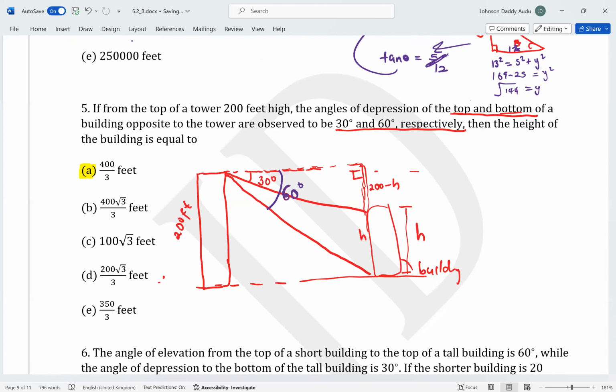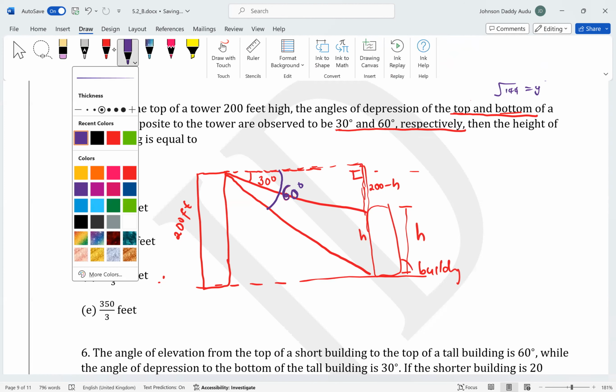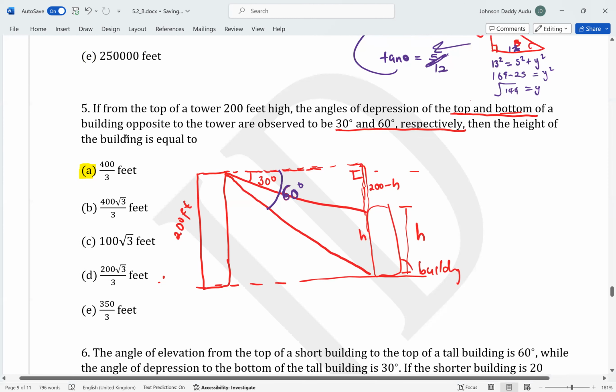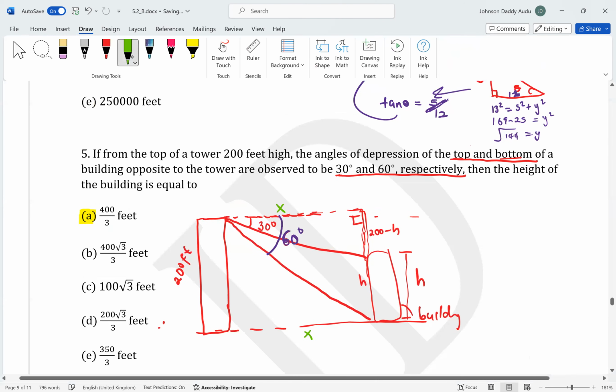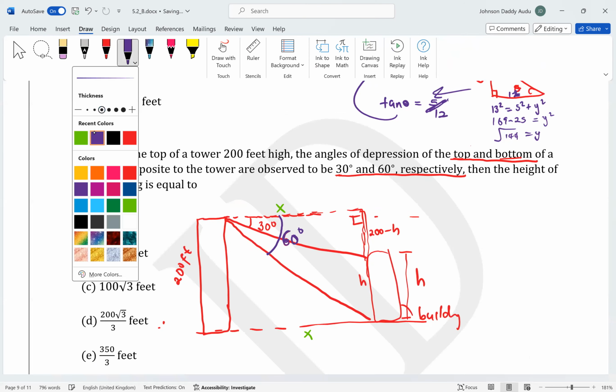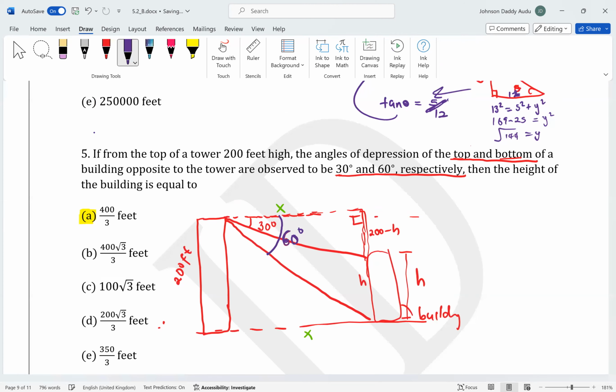Okay. All right. So let me draw another thing here, because we need to know what is x. We don't know this horizontal distance as well. So you can see that if we want to use this one, this is opposite over adjacent.